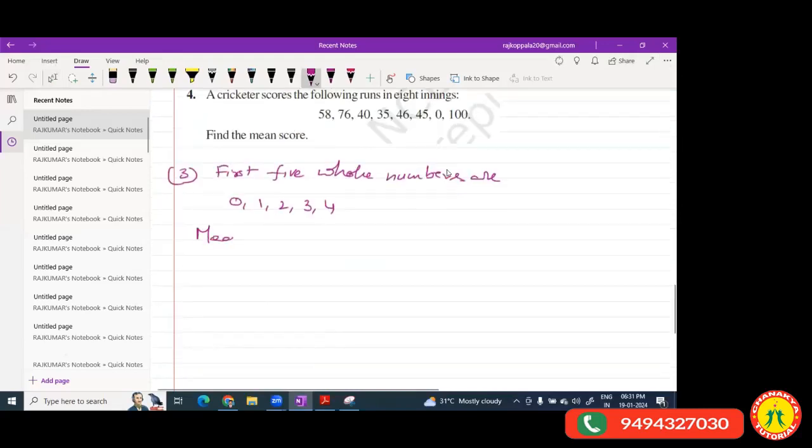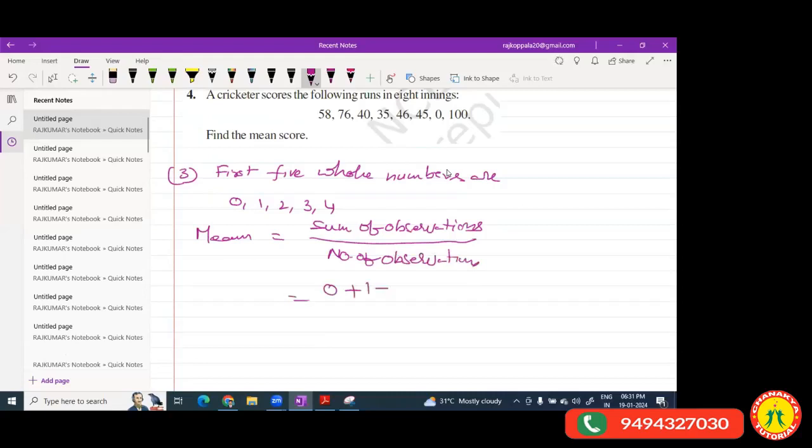Okay, mean is equal to, every time you should write the formula, sum of observations divided by number of observations. Sum of observations means 0 plus 1 plus 2 plus 3 plus 4, divided by how much? 5.